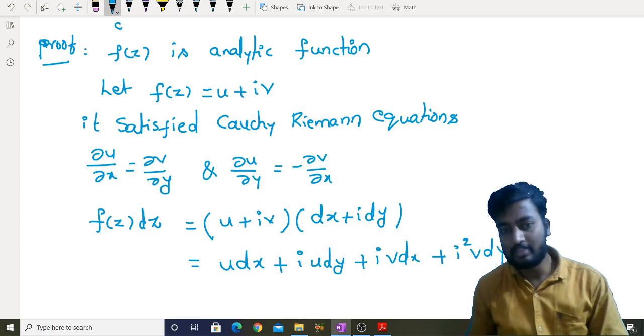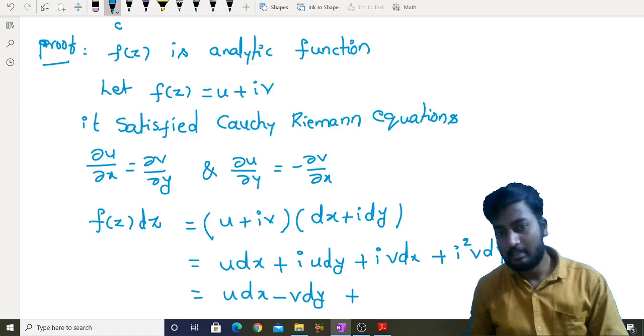Since i square is minus 1, this can be written as u dx minus v dy plus i times u dy plus v dx.